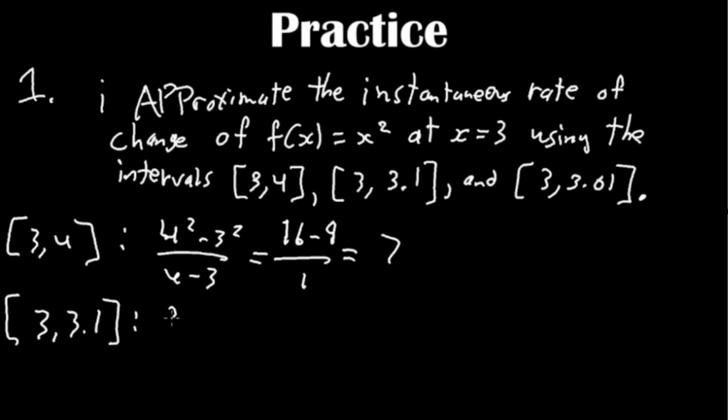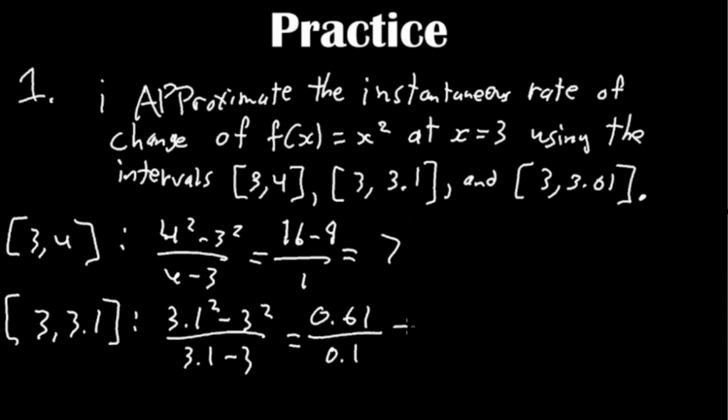This is going to be 3.1 squared minus 3 squared over 3.1 minus 3. All right, this is 0.61 over 0.1. That's 6.1.